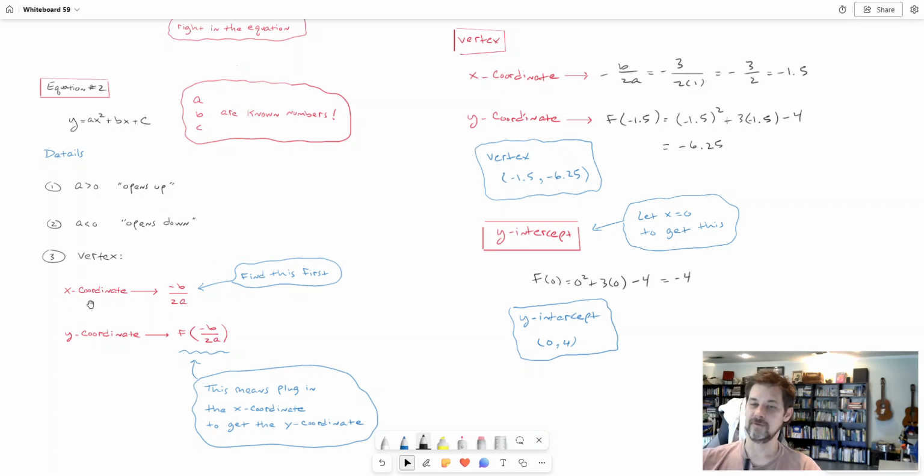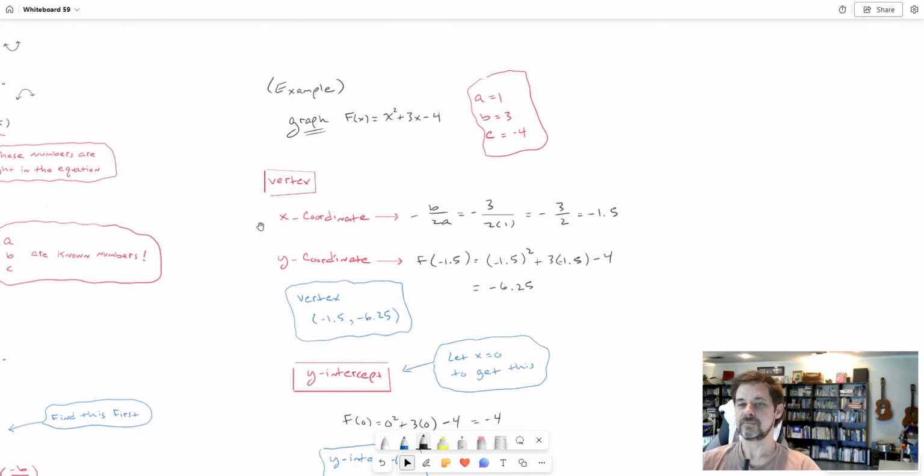And how do you find the y coordinate if you know x? You plug the x coordinate in. That's what y is. In functions, you plug the x in, you get the y back out. So if you find the x like this, plug it into the equation, whatever it happens to be, and that's how you get the y. Not just for parabolas, but for any function.